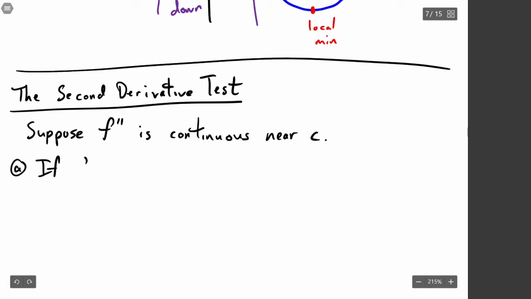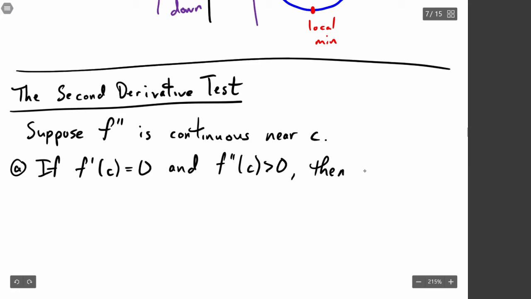If f prime of c equals 0 and f double prime of c is positive, then f has a local minimum at x equals c, or we'll just say at c.